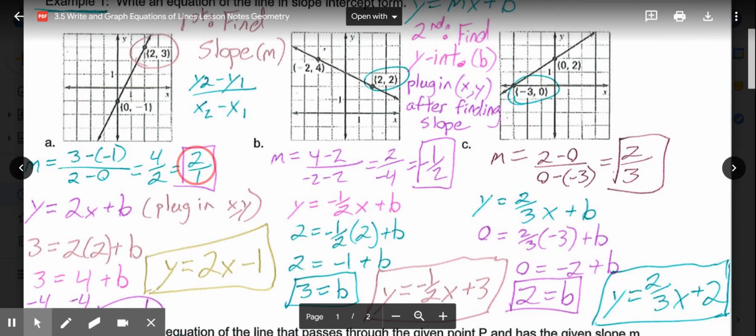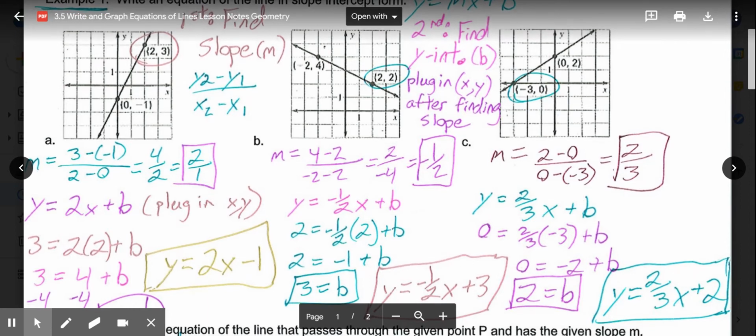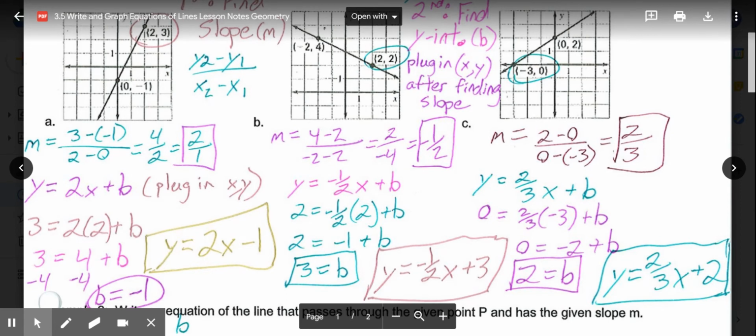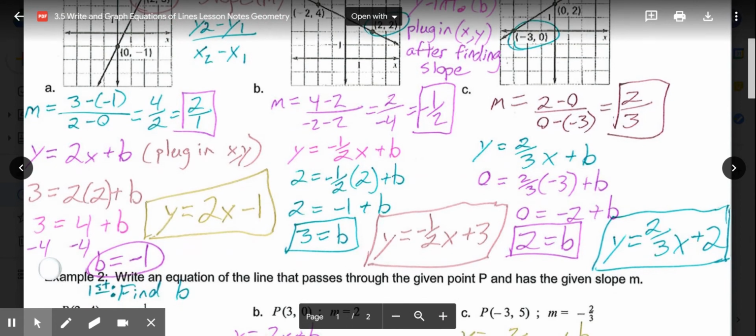All I did was replace m with what I know, 2. Then I'm using the point 2, 3 to solve for b. So I'm plugging the 2 in for x, the 3 in for y. So it becomes 3 equals 2 times 2 plus b. 3 equals 4 plus b. Subtract 4 from each side, and b is a negative 1.